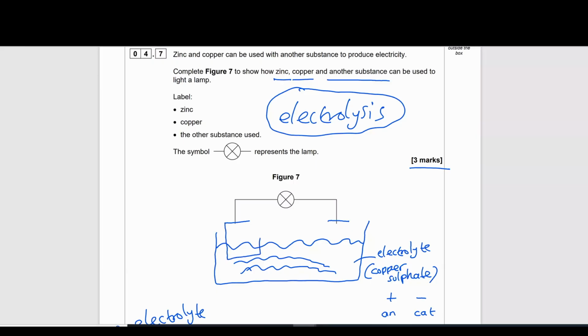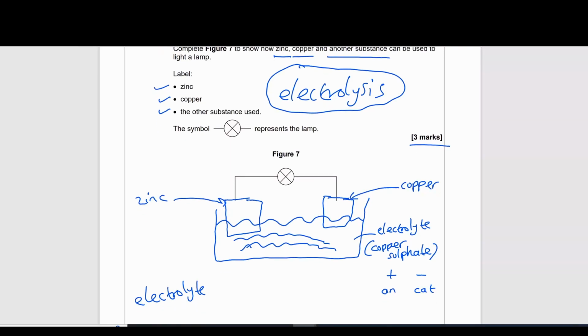So our electrodes should be going into our electrolyte, and we just need to label them with what they're asking us. So we can label this one as zinc and this one as copper. Labeled zinc, labeled copper, label the other substance used, which is the electrolyte.